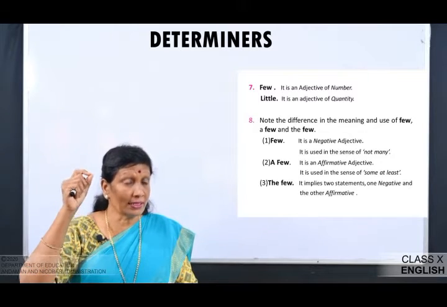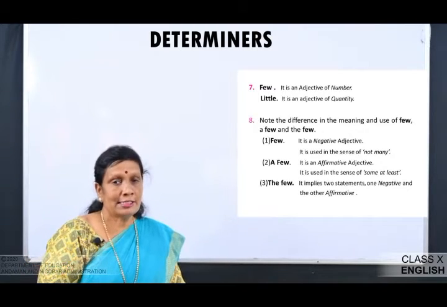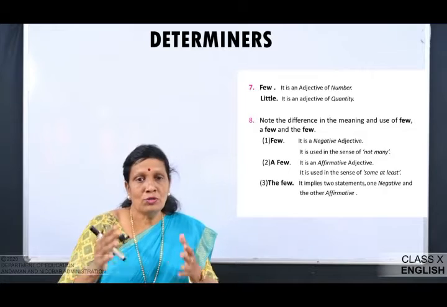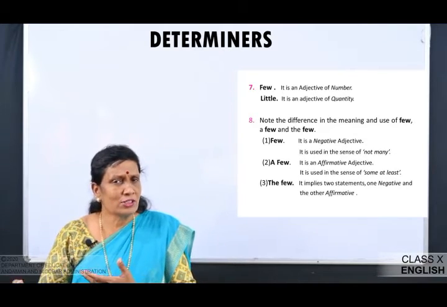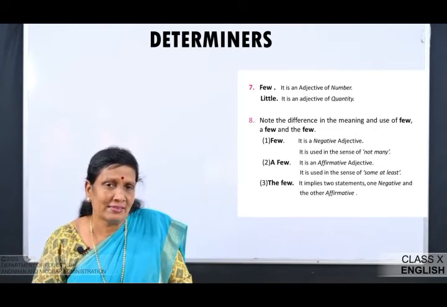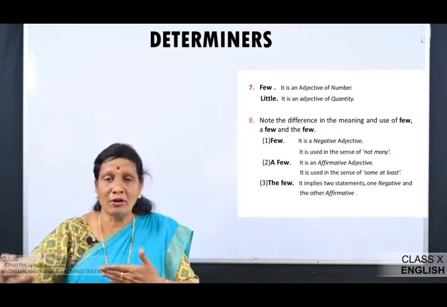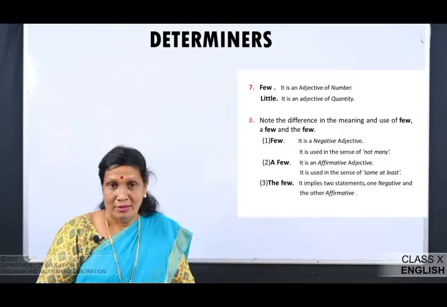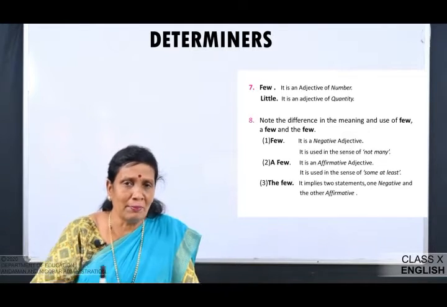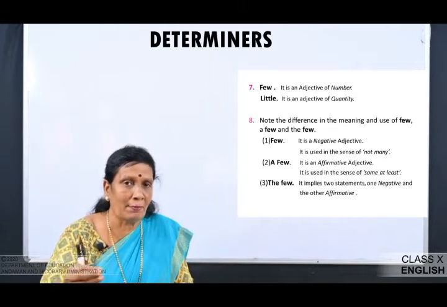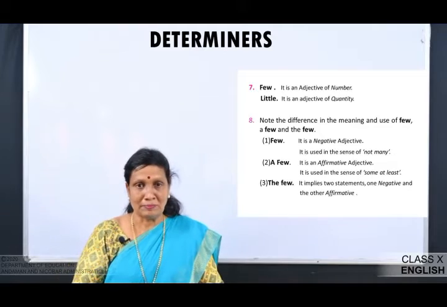Affirmative means, as we had learned, a positive sentence. So, a few is used in the sense of some at least. At least there are some. Like more than 4 or 5. When there were hardly 4 or 5 apples, we said there are few apples in the basket.